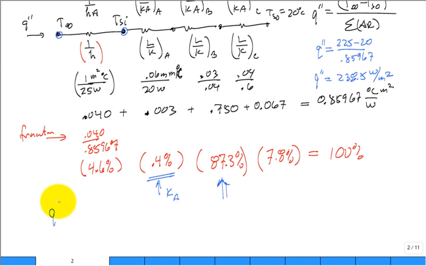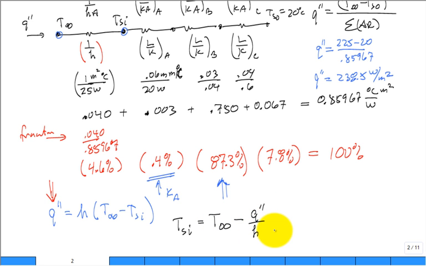And so q double prime convective is h times T infinity minus Ts,i. I just calculated q double prime; all that work was to allow us to calculate it. So now that we know q double prime and h and everything else, we can get the temperature of the surface on the inside: it is equal to the temperature of the fluid on the inside minus q double prime divided by h.